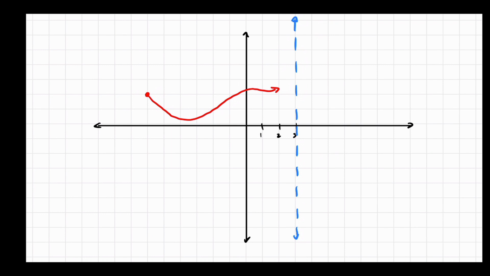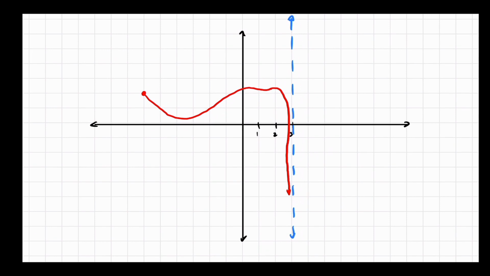So that's what we mean by what is the limit. We're not going to have an answer at x equals 3 because of an asymptote. But we can have a limit. It's either going to be positive infinity or negative infinity. Right? It's going to be one of those 2 guys. Okay?